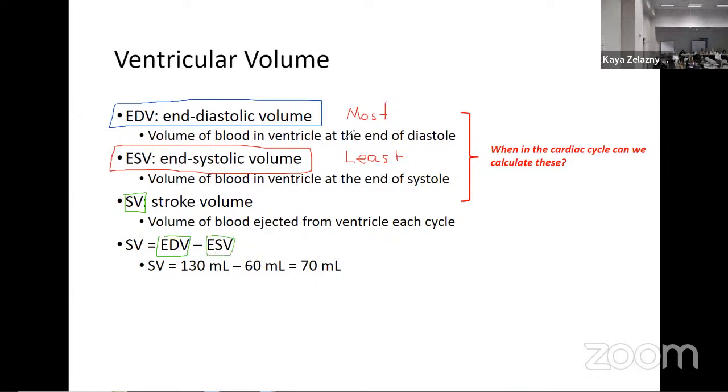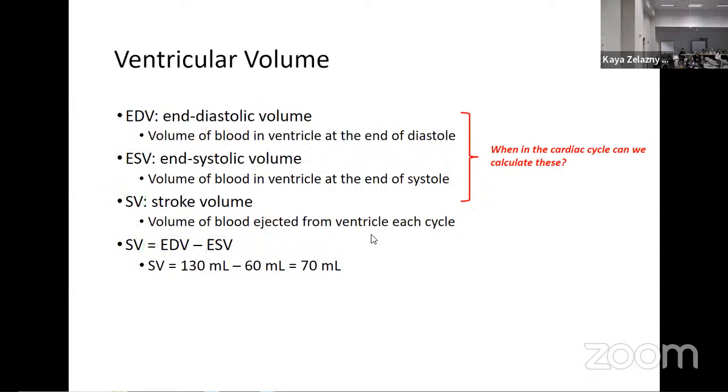So we just subtracted our least from our most, right? Most blood minus the least blood gives us the amount we lost. And here, lost is kind of good because it went to our organs. So that is how we calculate stroke volume.